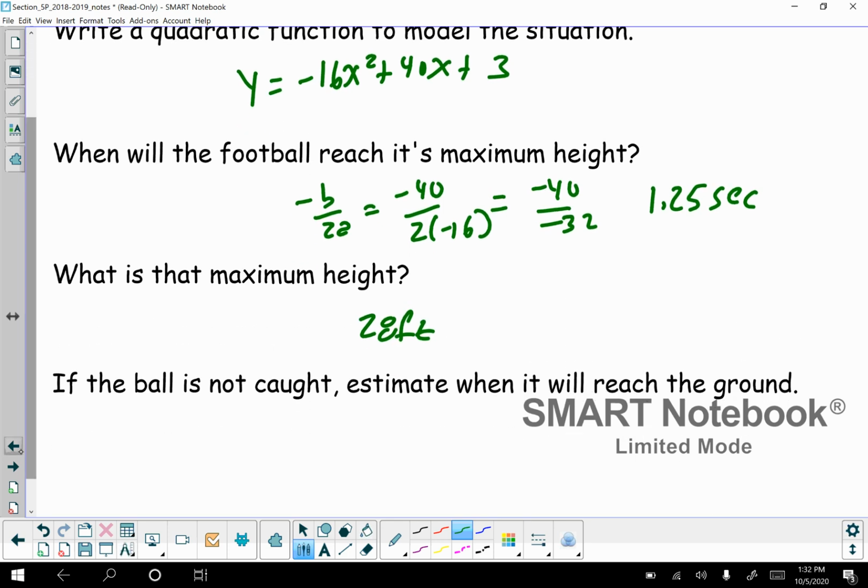And then if it's not caught, when will it hit the ground? So again, I'm going to take my equation, set it equal to 0. Of course, I'm going to graph it and find where it crosses the x-axis.